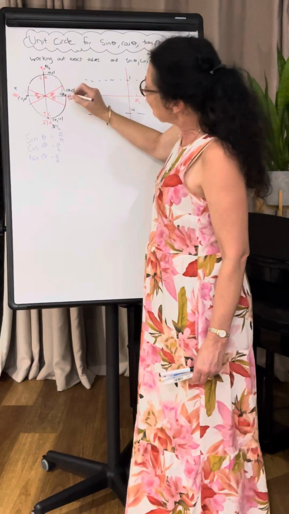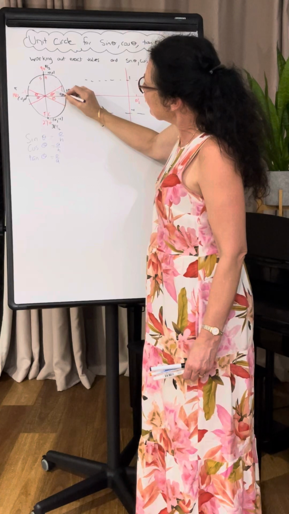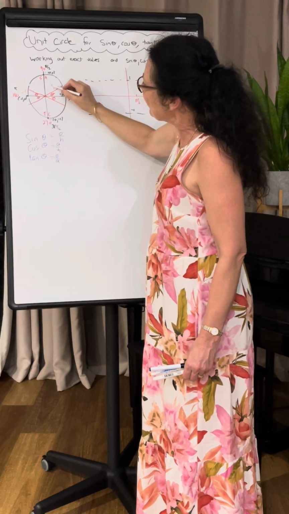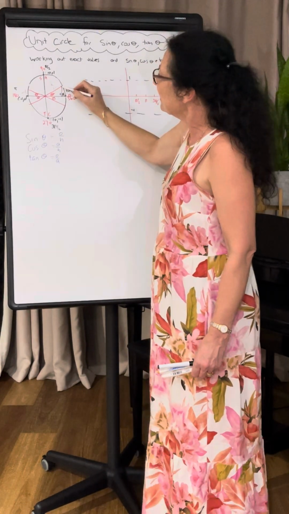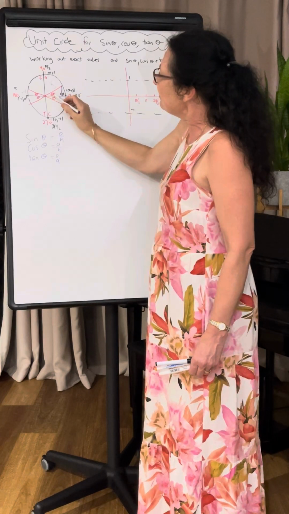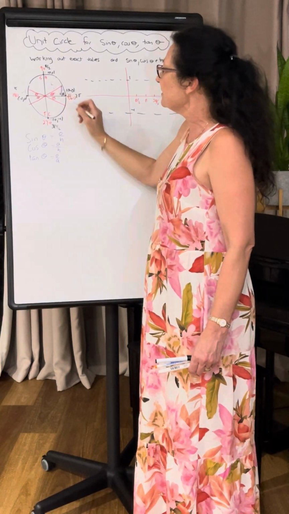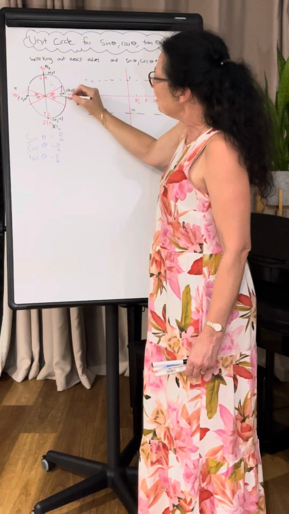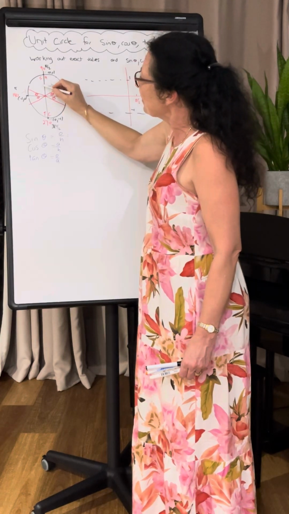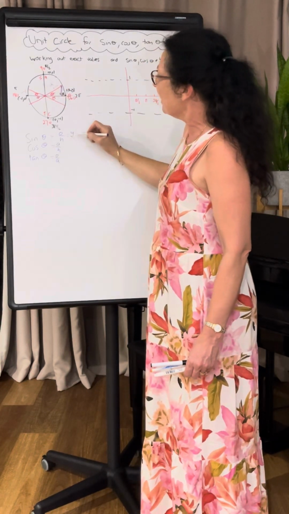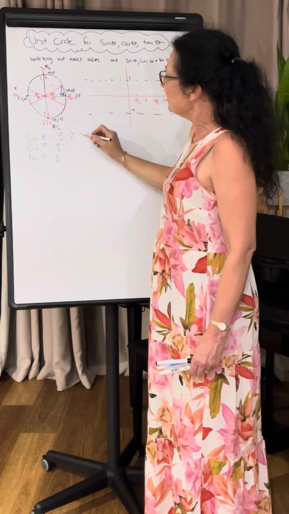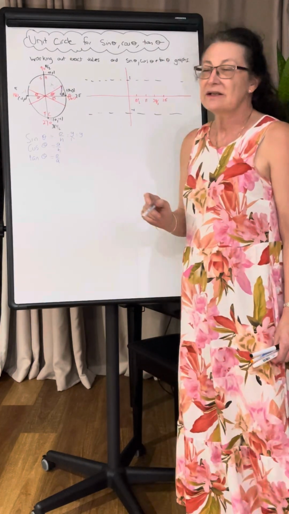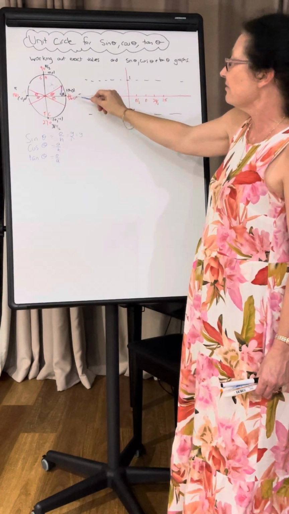If we look at this circle here, there's my theta. We know that's 1, which is our hypotenuse, which is the radius. If we do sine of theta, it's opposite, which this value here is actually your y value, and the hypotenuse is 1. So that's why sine theta is your y value.